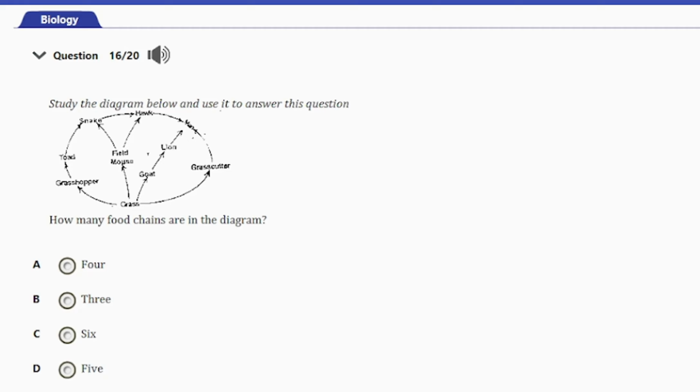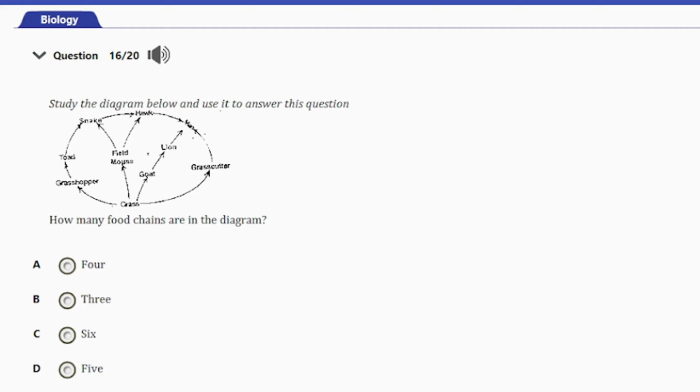Okay, here we have a food web and it says, how many food chains are in the diagram? We have A 4, B 3, C 6, and D 5. So guys, the answer to this question here will be 1, 2, 3, 4, 5. So you see that we have 5 food chains here.